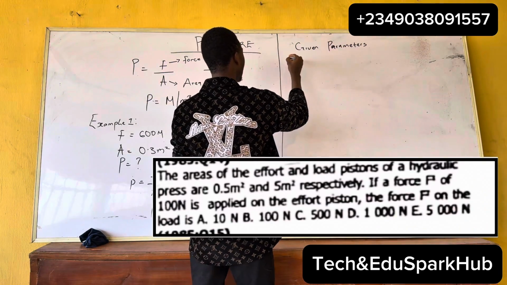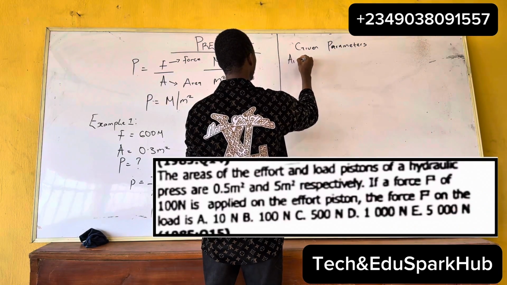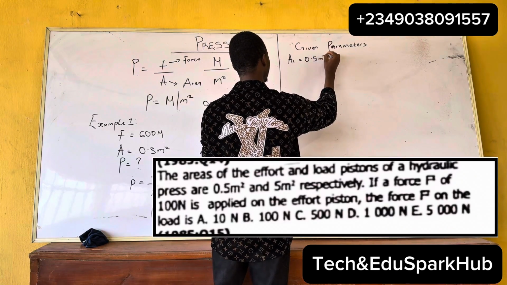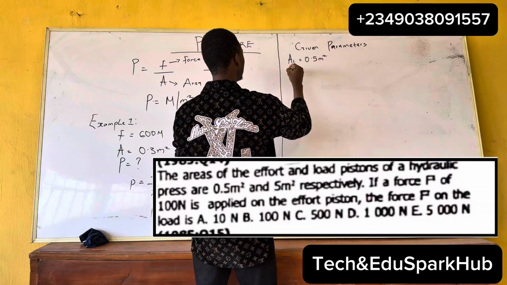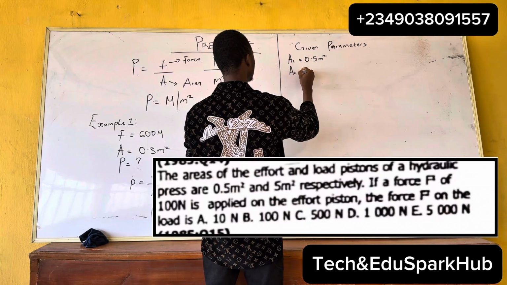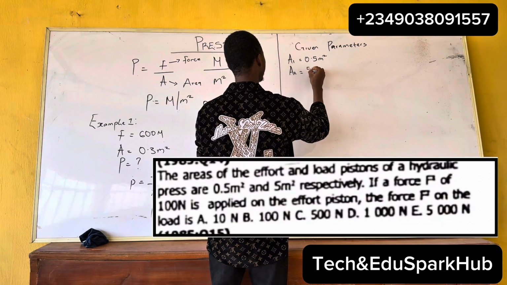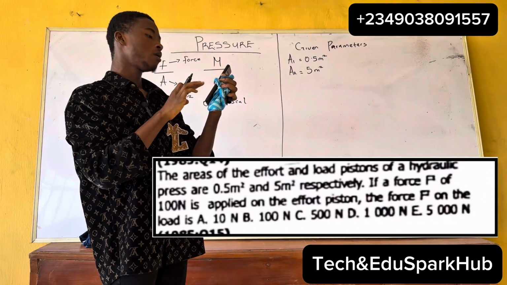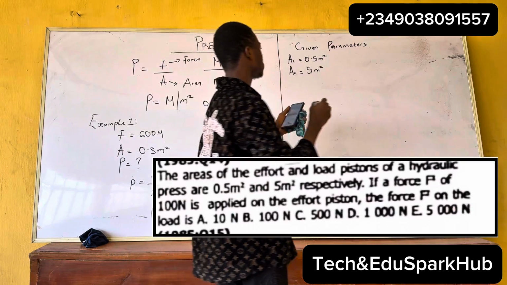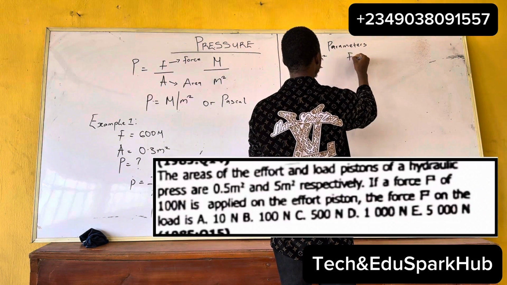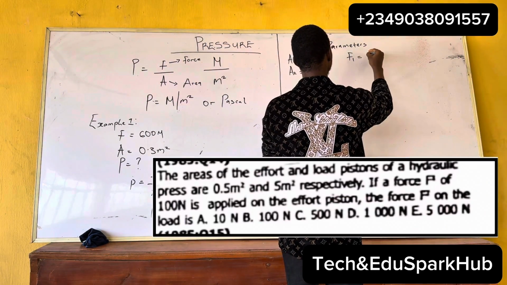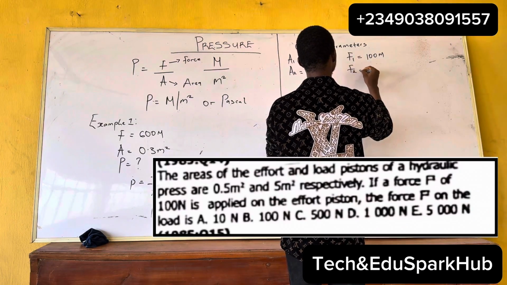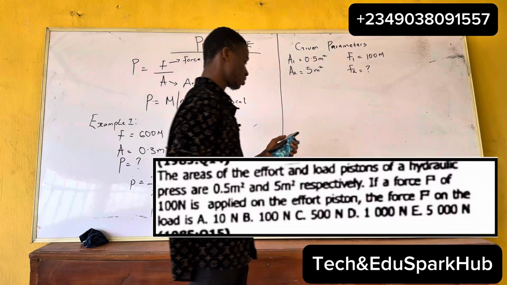Area 1, A1, is equal to 0.5 meters square, and area 2, A2, is equal to 5 meters square. F1 is equal to 100 Newton, and we have F2, which is what we are looking for in this question.